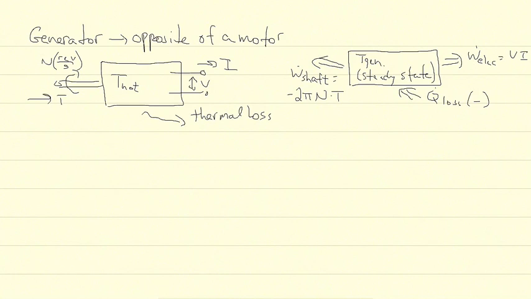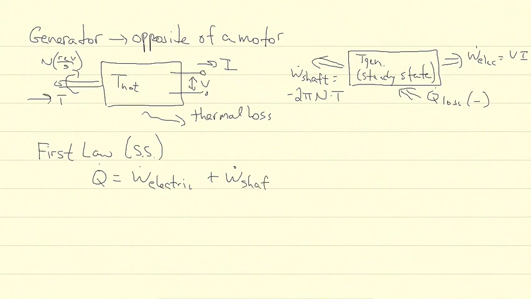Okay, so first law, pretty straightforward. You start with the steady state first law. I won't go through the whole derivation because it's just the same as the motor. And basically, it looks the same, so that SS there stands for steady state. And so our first law basically tells us that Q dot is equal to the electric power plus the shaft power.